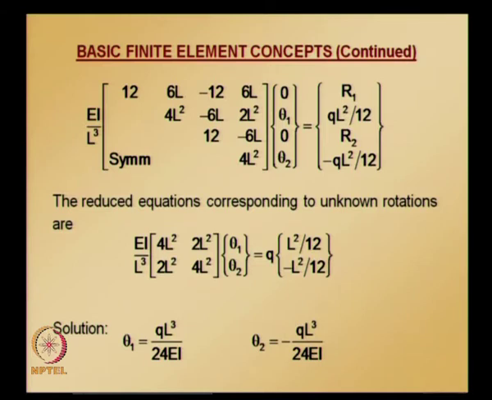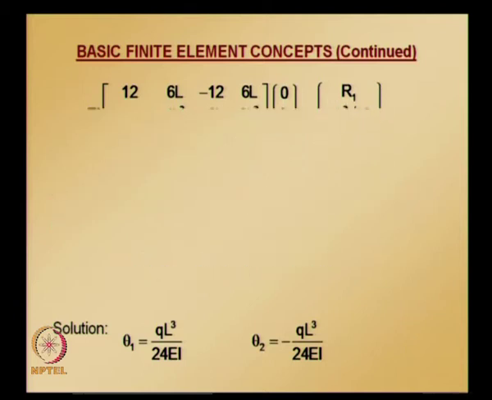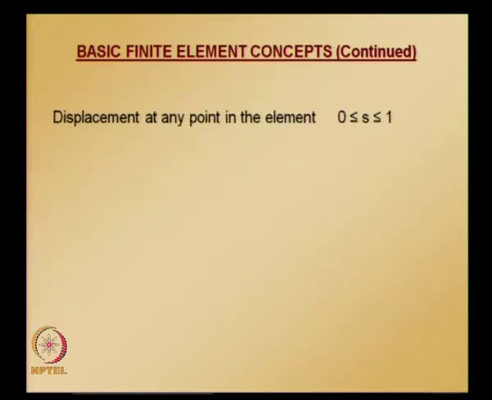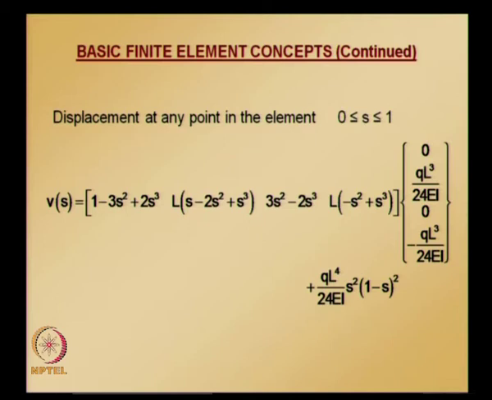So displacement at any point in the element, using these nodal values V1, theta 1, V2, theta 2, we can interpolate using finite element shape functions. The first term is nothing but interpolation using finite element shape functions, and the second term is coming from the fixed end moment displacement, and these fixed end moment values can be obtained readily in any of the elementary strength of materials or mechanics of materials books.